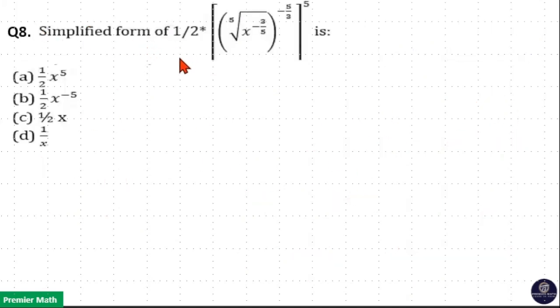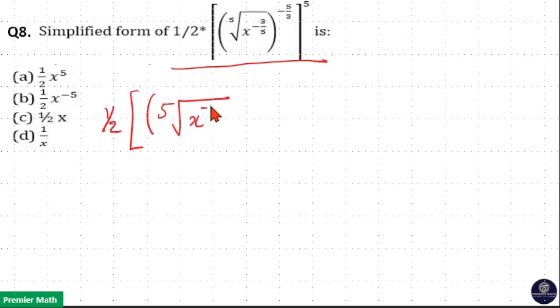Simplified form of 1 by 2 into fifth root of x raised to minus 3 by 5, the whole raised to minus 5 by 3, the whole raised to 5. This is equal to 1 by 2 into, here x is the base, take the base, x.